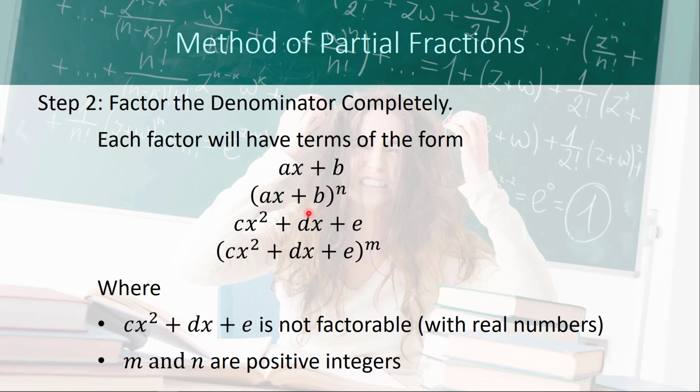Or we're going to have a quadratic expression which can no longer be factored in the real number system, such as cx squared plus dx plus e, which would be a single quadratic factor, or we will have a repeated quadratic factor, which would be essentially the same factor repeated m times.